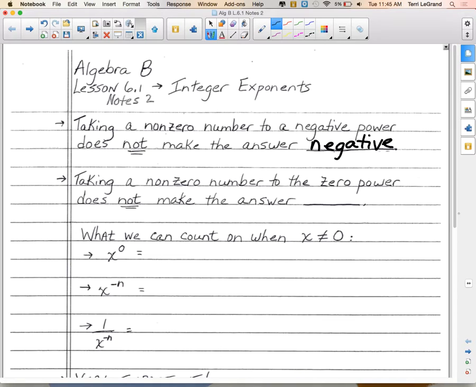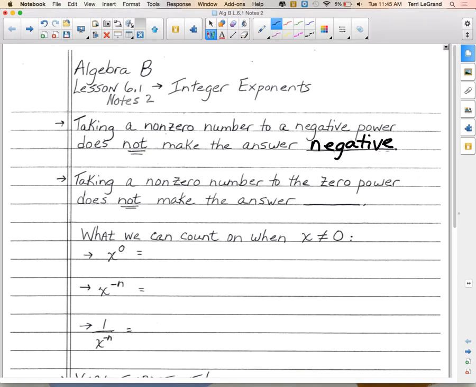No, that negative power means exactly what we just explored here. It means you just keep dividing by that base as the exponent gets smaller and smaller.